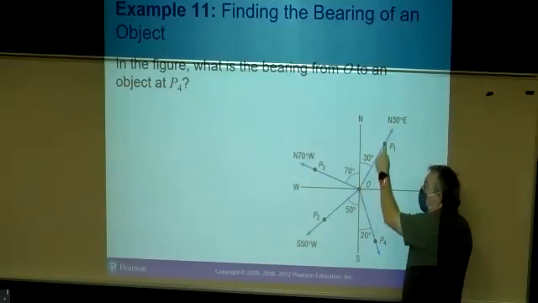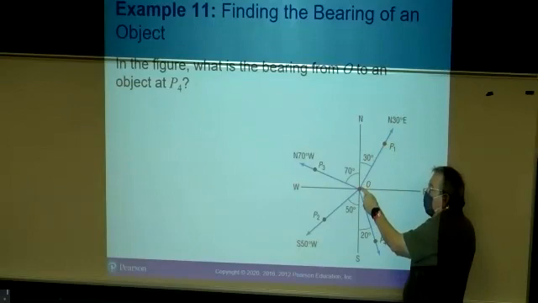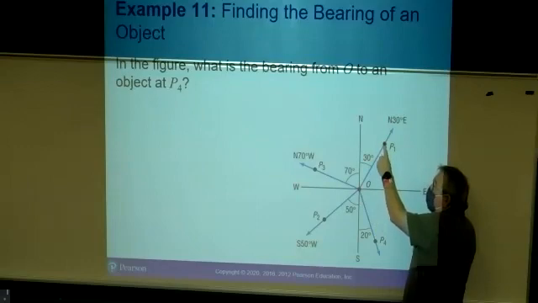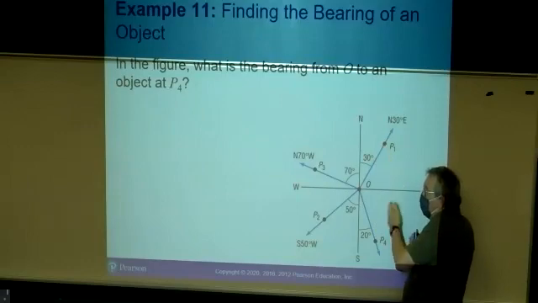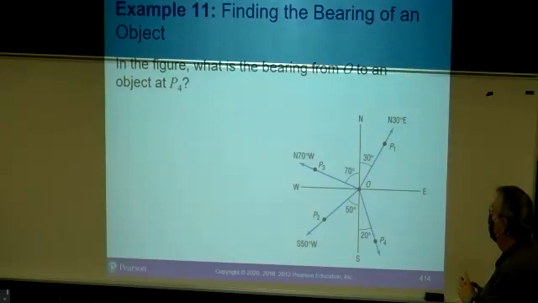Now, a precise number would tell you you're so many miles or so many meters or so many kilometers from my reference point, and then the bearing is north 30 degrees east. And with bearings, we almost exclusively use degrees.